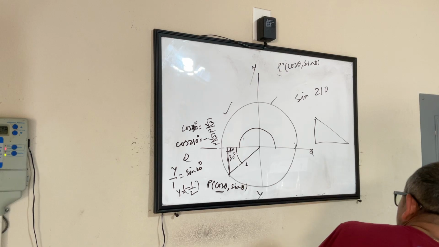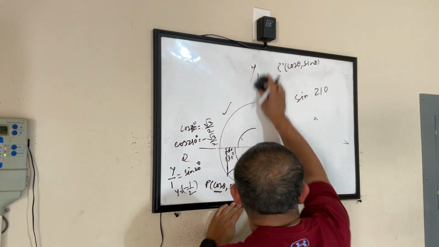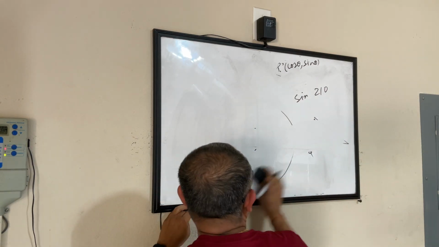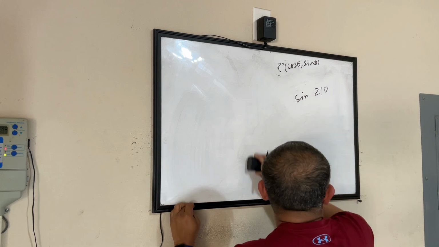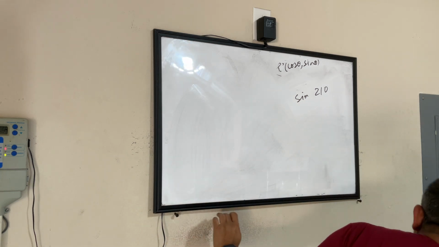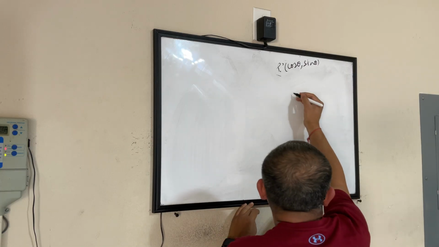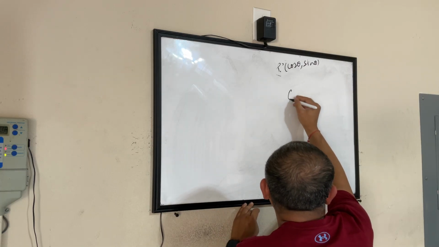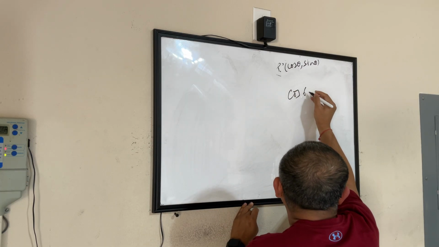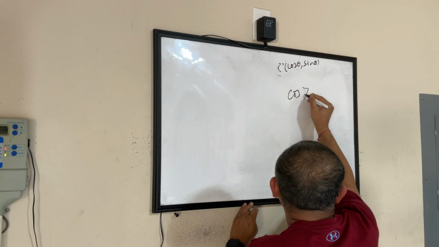So if somebody starts thinking about a very fancy situation, you have to find out the value of cos 765 degree.